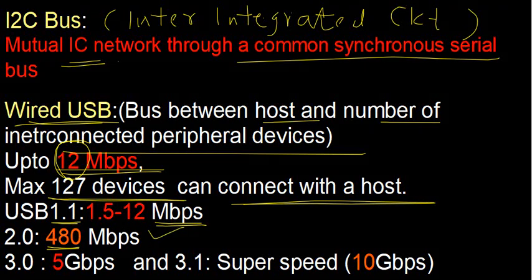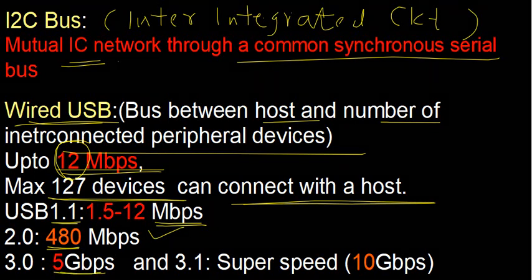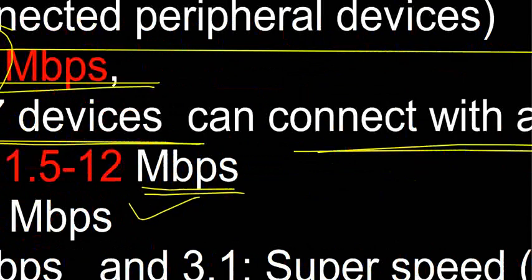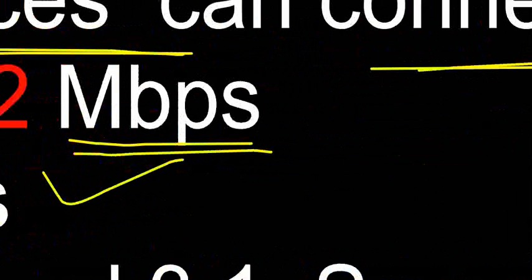And one more, USB 3.0, is capable of giving a speed up to 5 Gbps. And the fourth one, USB 3.1 SuperSpeed, gives us a speed up to 10 Gbps.